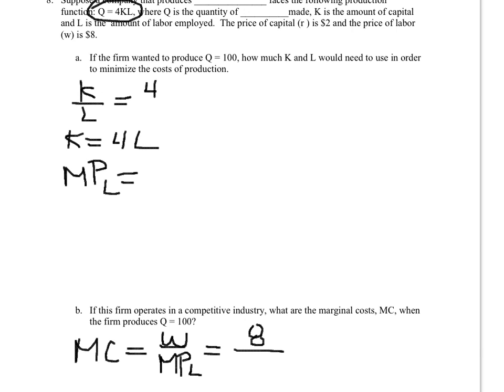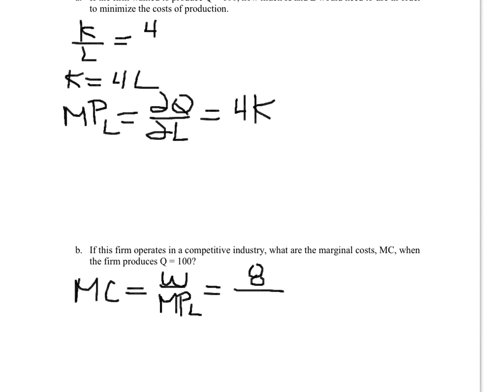So the marginal product of labor is going to be the partial derivative of Q with respect to L, which in this particular case is going to be equal to 4K. All right, so if 4K is the amount here, then this is going to be equal to 8 over 4K, and the value of K is whatever value of K we have found in here, right?